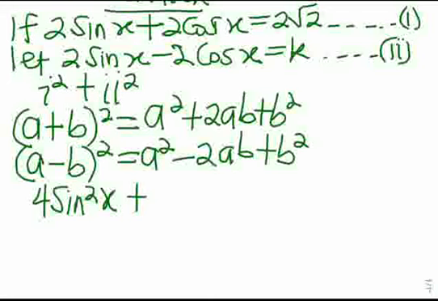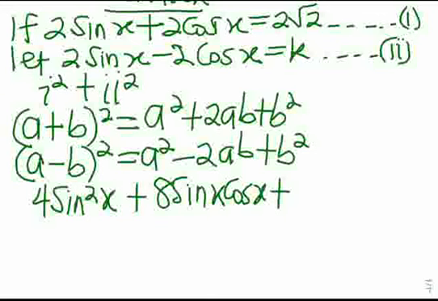Using that will give us 2 times 2 is 4, 4 times 2 is 8, 8 sin x multiplied by cos x, and then plus b square. b square means we are squaring this. Squaring that will give us 4 cos square x. This is equal to, we're going to square this, 2 root 2 times 2 root 2 would eventually give us 8. So I have squared the first equation.